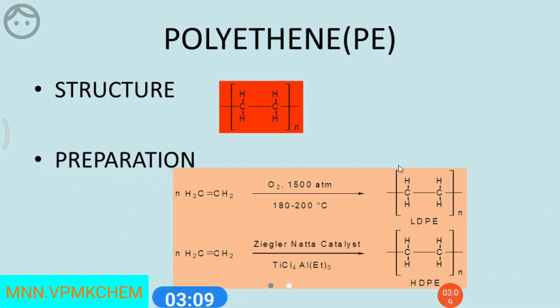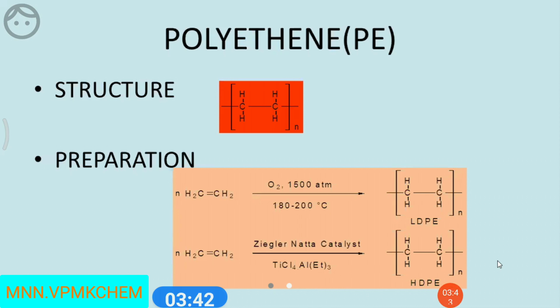It gives a polyethylene known as low density polyethylene, also called LDPE. If the ethylene is polymerized using Ziegler-Natta catalyst, that is titanium tetrachloride and triethyl aluminium, it gives a polyethylene known as high density polyethylene.